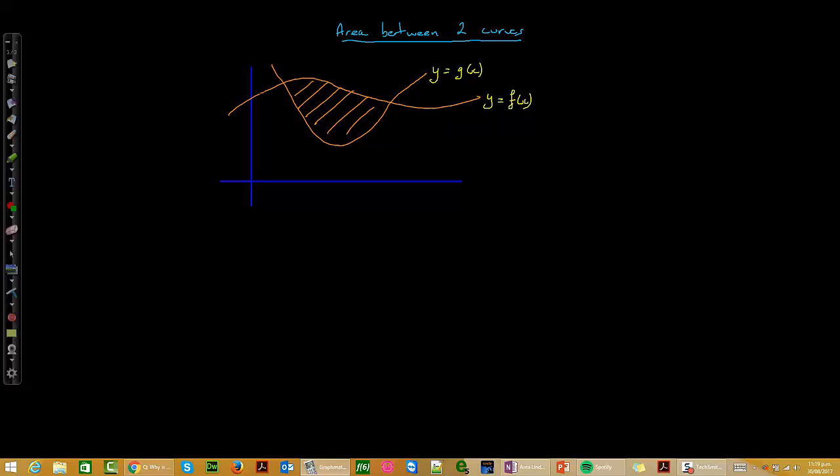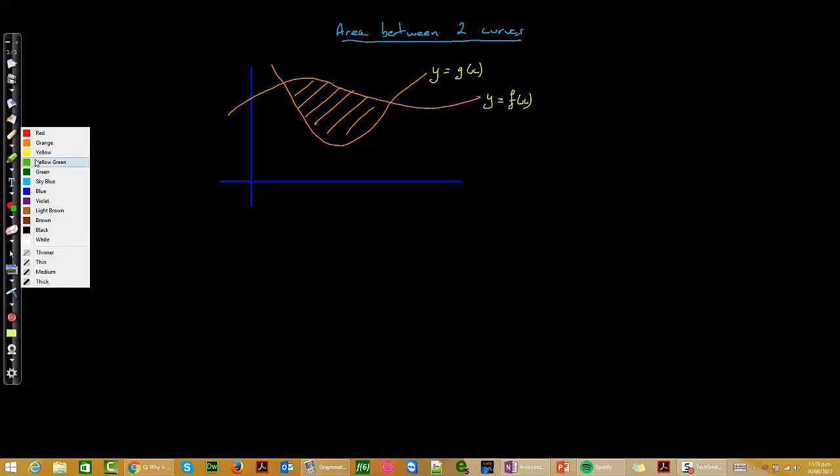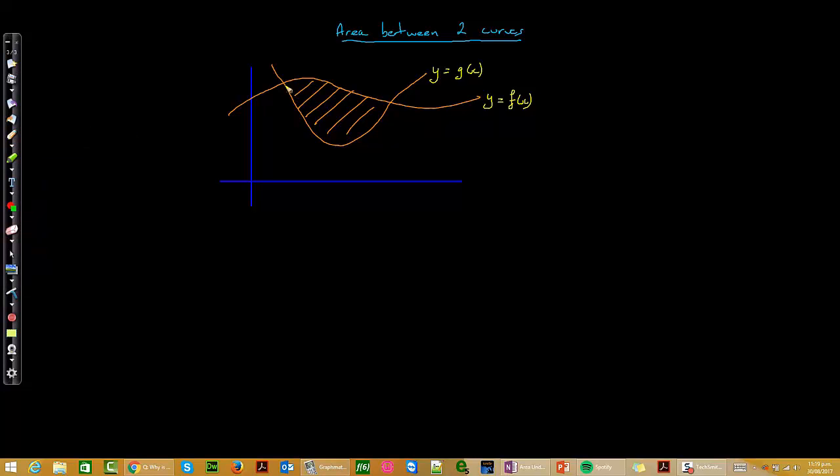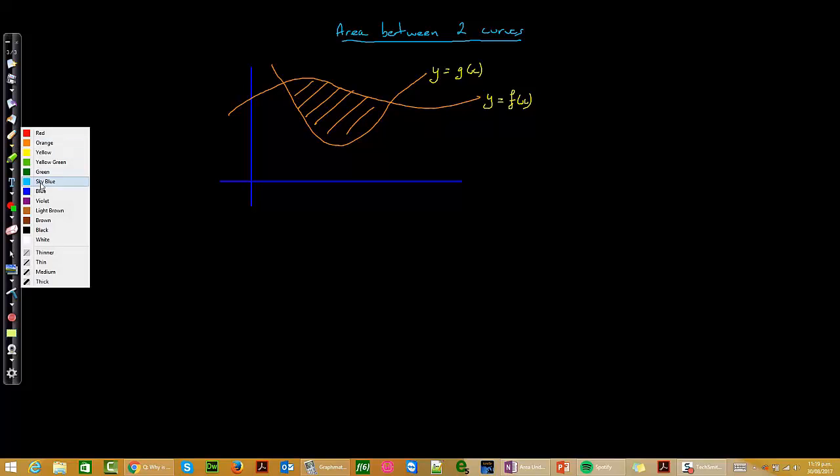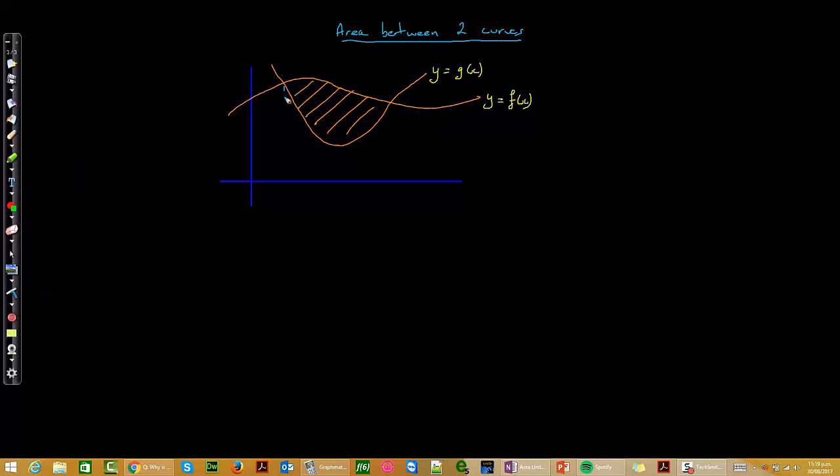If we get the area underneath this curve f between the two limits, and let's actually put those limits in. So this point where the two functions meet will be one of our limits, and the other limit of the integral we're going to use, call that b.